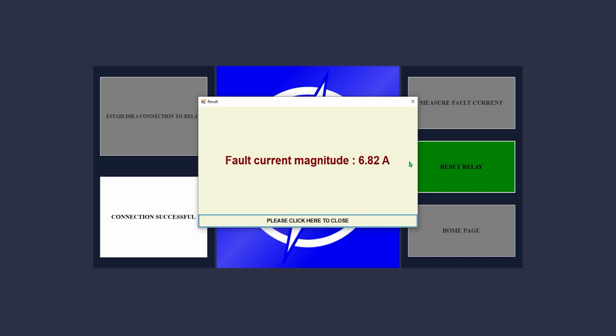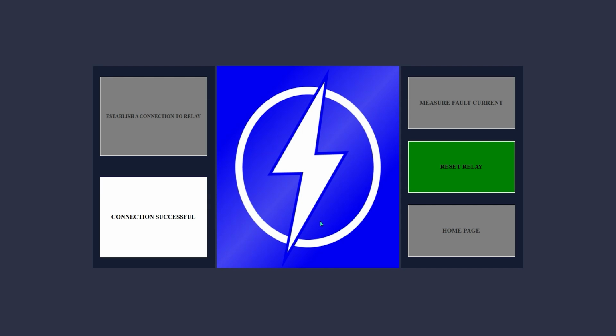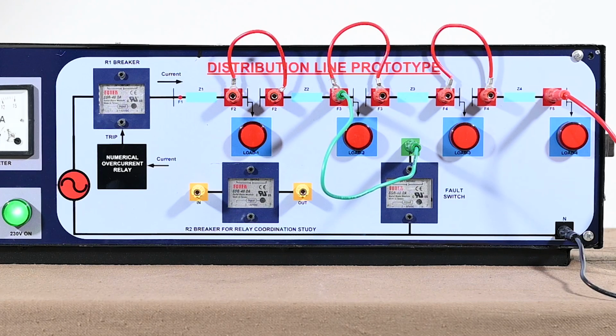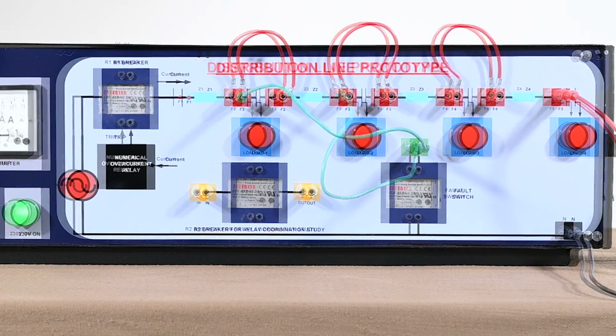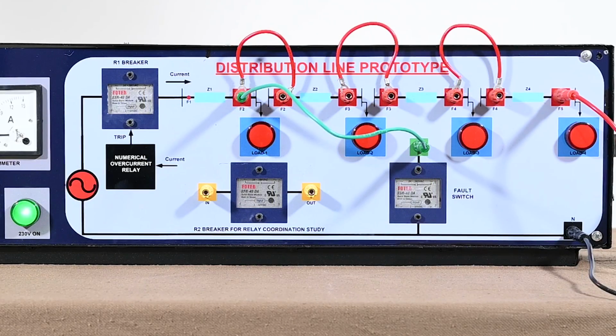It shows around 6.82 ampere. Please click close to exit the message and then press the reset button to perform another test. Please repeat the experiment at any other desired fault point to measure the corresponding fault current.